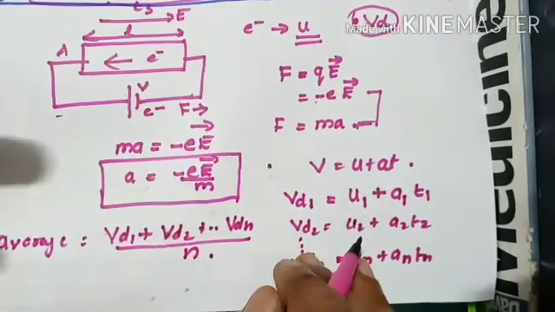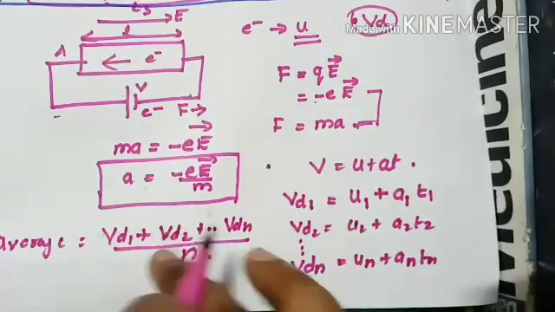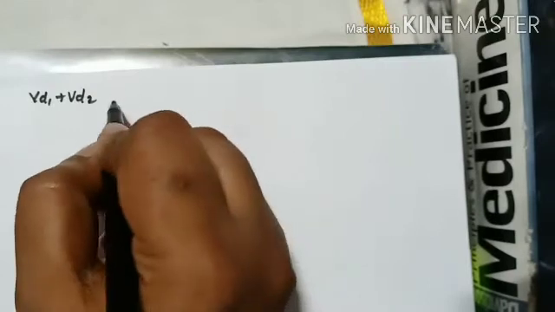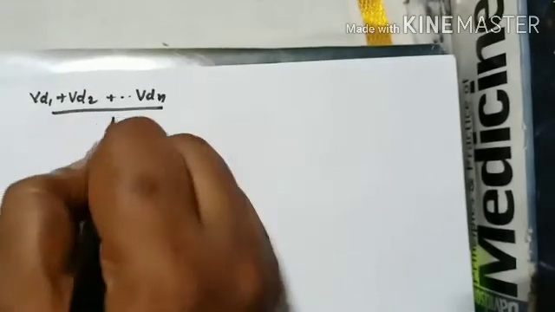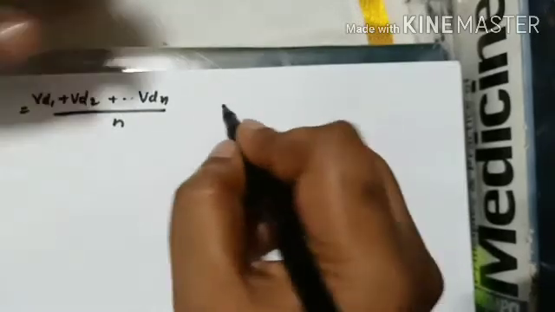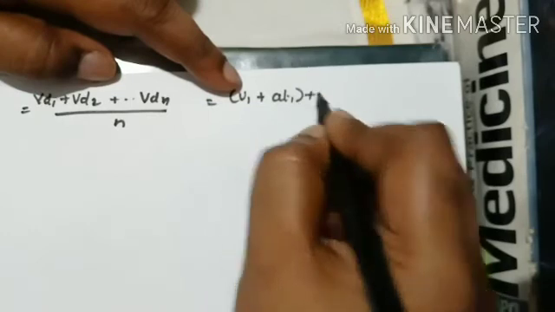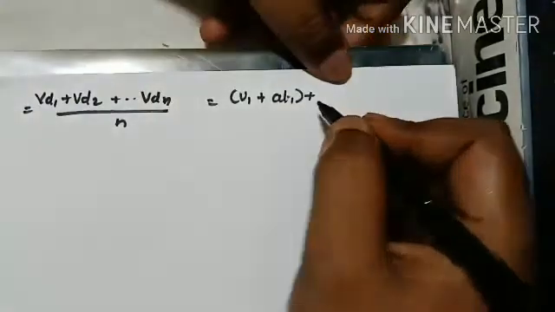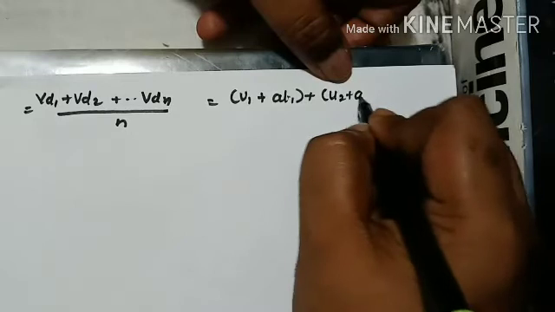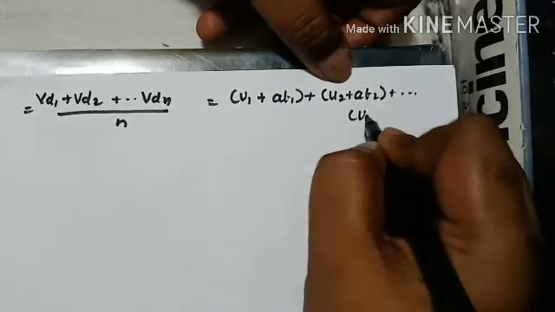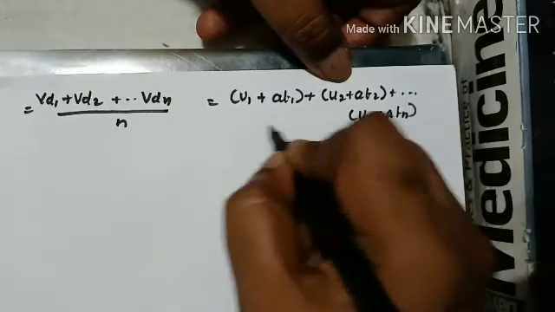This much is the average. Now we are going to put these values in this expression. So Vd1 plus Vd2 and so on up to Vdn, whole divided by n, becomes U1 plus A1 T1, plus U2 plus A2 T2, and so on, plus Un plus An Tn, whole divided by n.